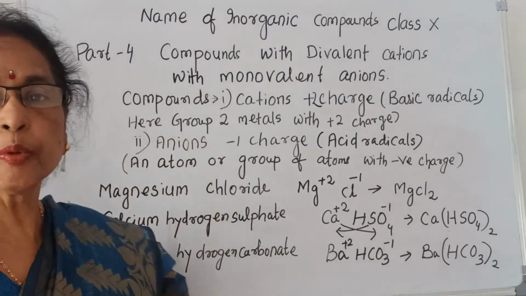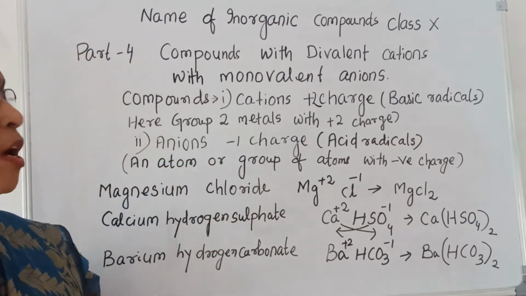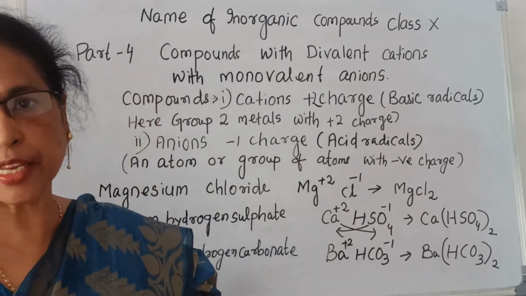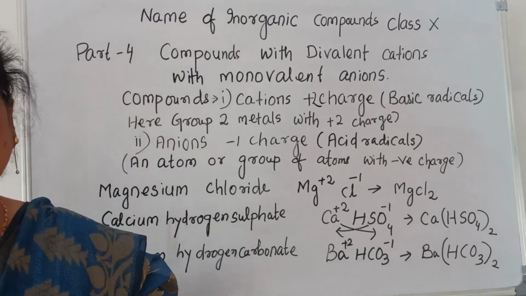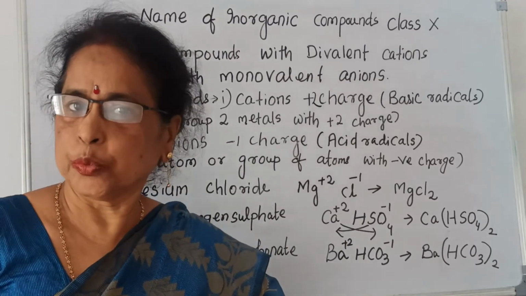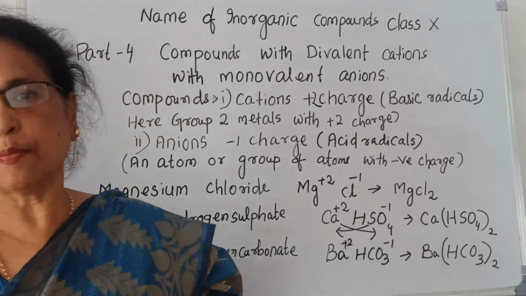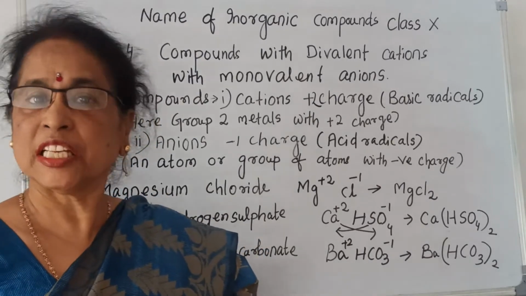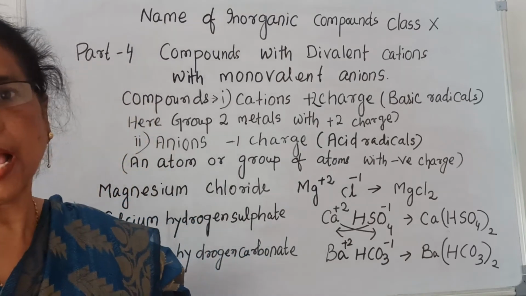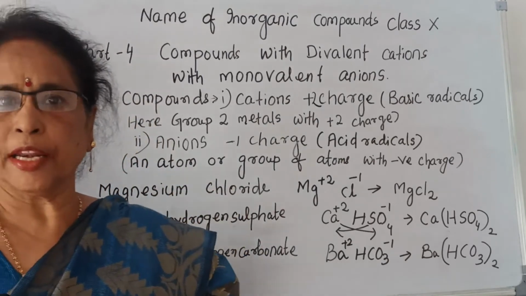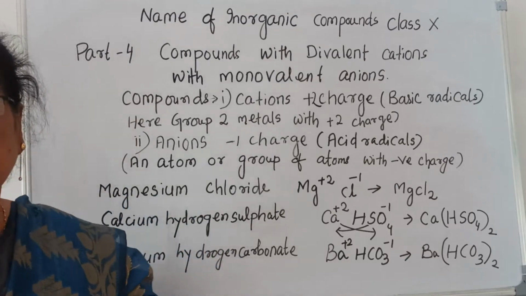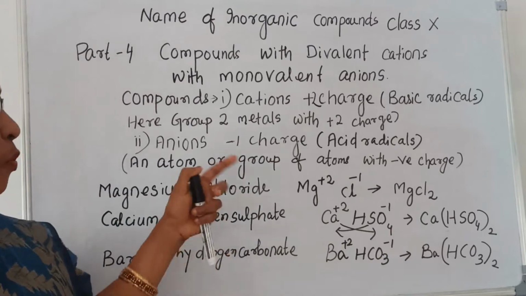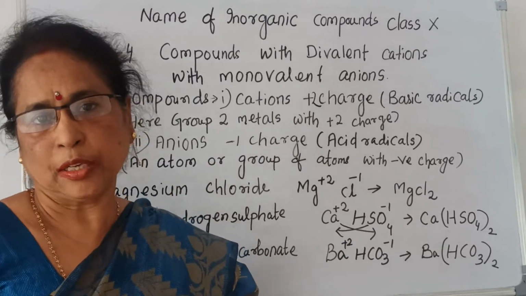Group 2 metals generally have +2 charge: magnesium, calcium, strontium, barium, radium. These are the elements present in group 2. Generally group 2 elements show +2 charge, that is, they can easily form divalent cations, and magnesium, calcium, barium, strontium form different types of compounds with anions having -1.